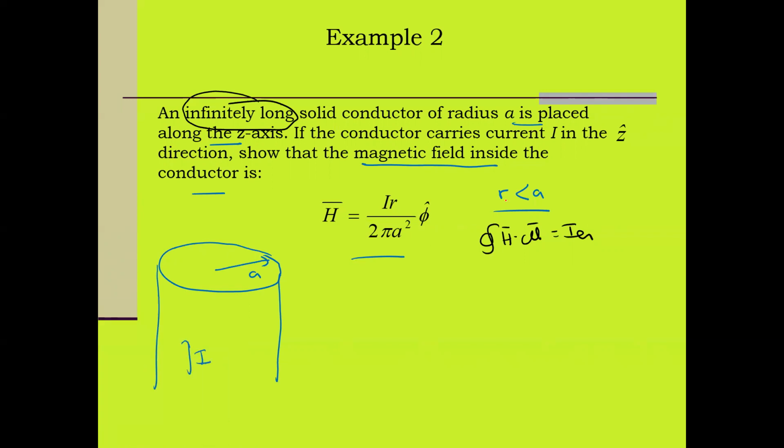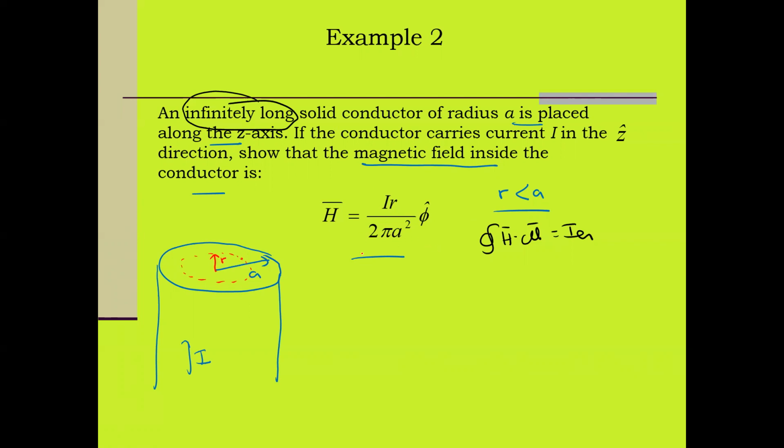So the Ampere loop needs to be based on this region of R less than A. So for that, my Ampere loop will just look like this, which is a closed loop. So the closed loop structure is given as a circular structure in a dotted line. Okay. And I'm using R as the radius to represent this region of R less than A.